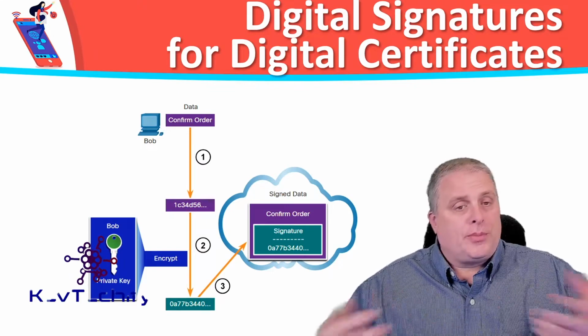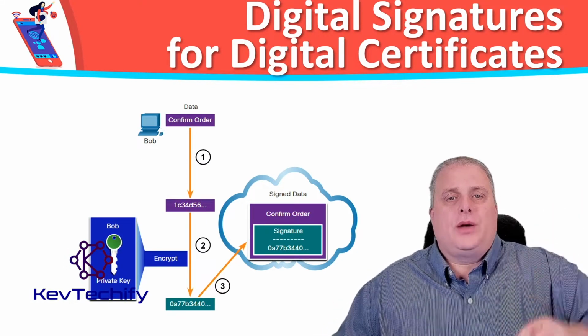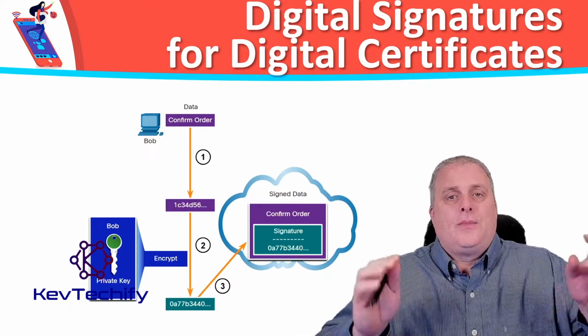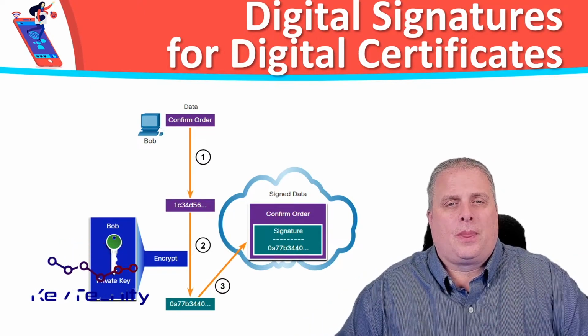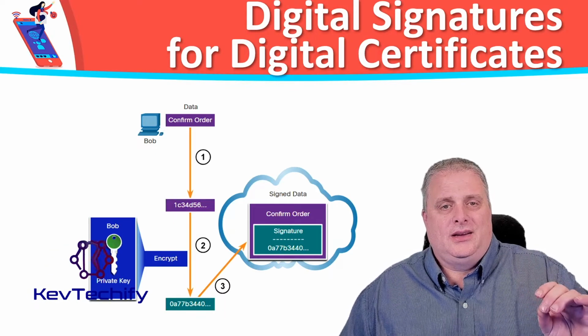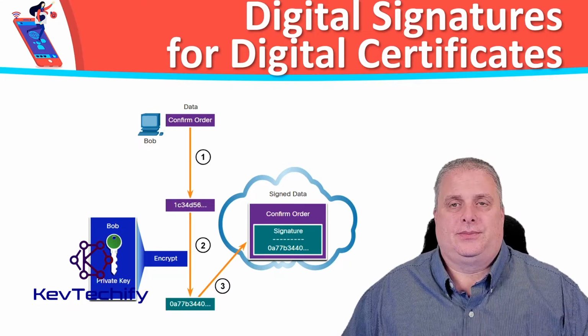Alice is ordering from Bob's website. And then Alice connects to Bob's website. And after the certificate has been verified, Bob's certificate is stored on Alice's computer. Now, the certificate contains Bob's public key, and the public key is used to verify Bob's digital signature.